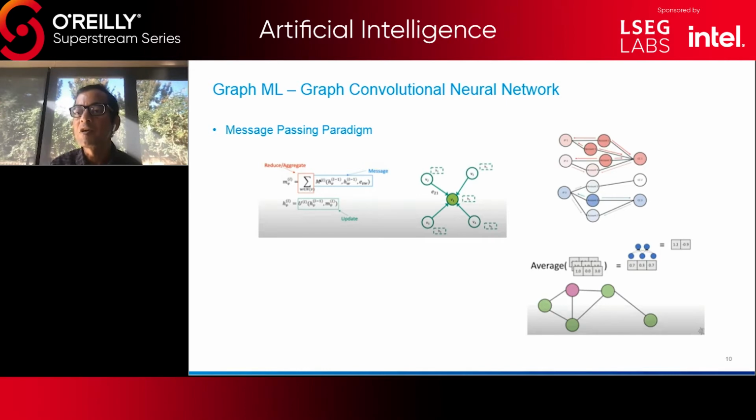The classical algorithm in graph is something called label propagation, where the label is passed using the message passing paradigm to the nodes of target interest from the neighboring nodes. In the graph convolutional neural network, you pass the entire feature vector rather than just a label, right? So it's actually a much broader application for end users building end-to-end ML applications.